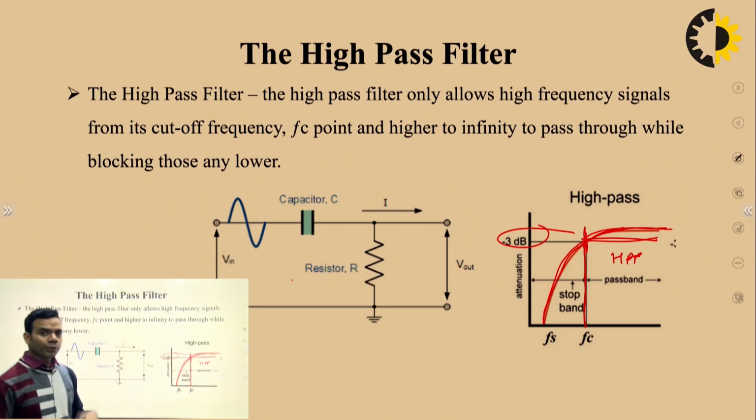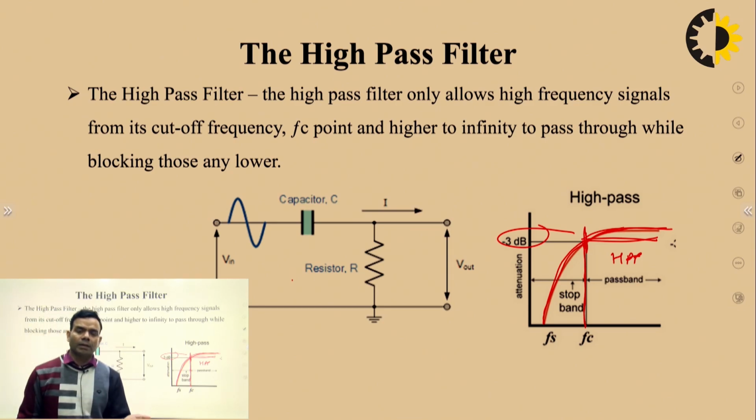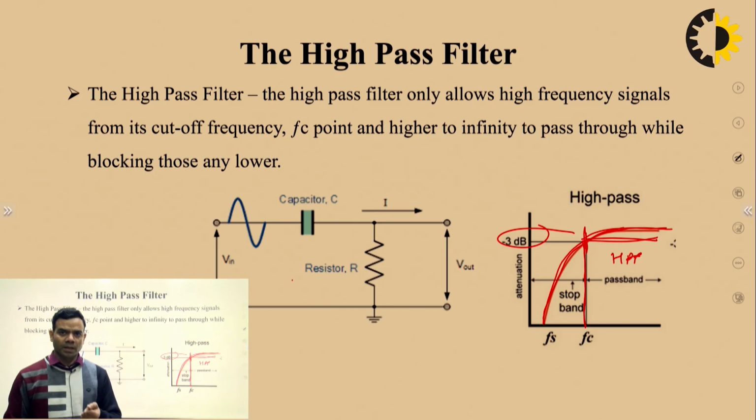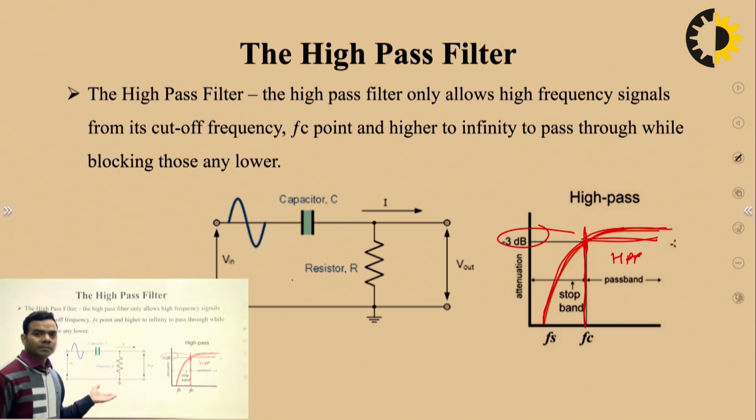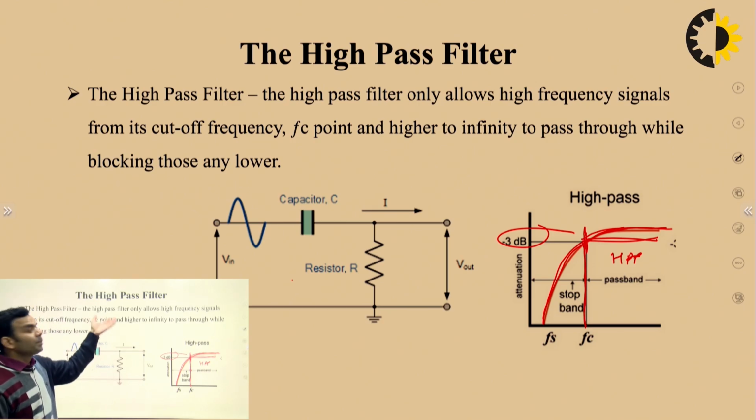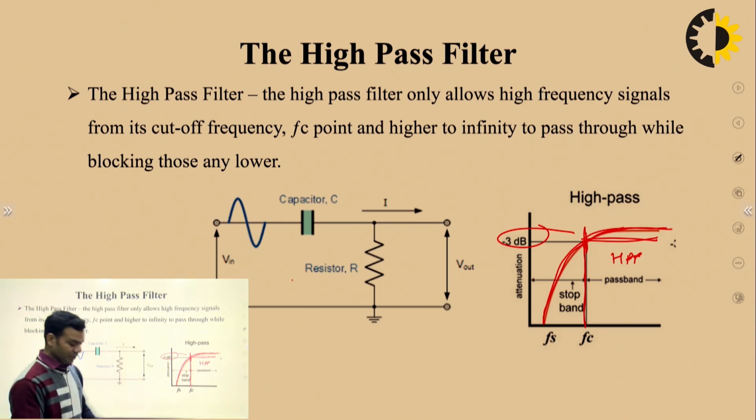So at lower frequencies gain will be almost 0, attenuation will be very high. As frequency increases, attenuation becomes less and gain increases. So these types of filters pass high frequencies and stop low frequencies. That's why this filter has the name high pass filter, it passes high frequencies.